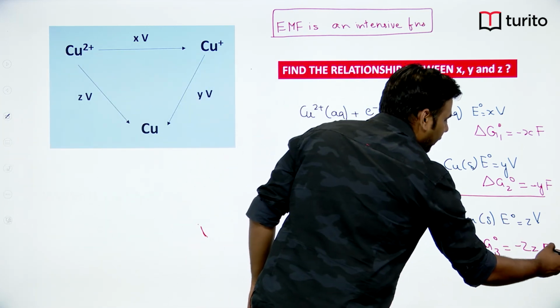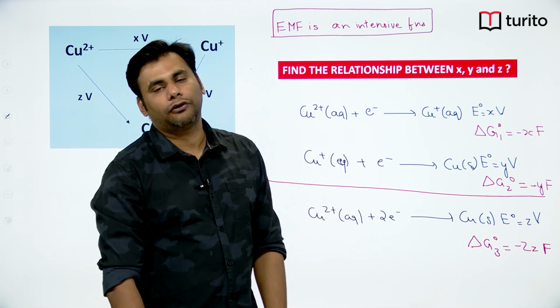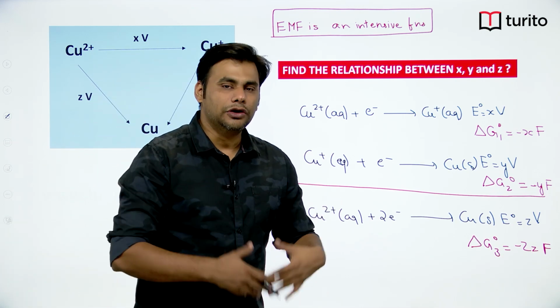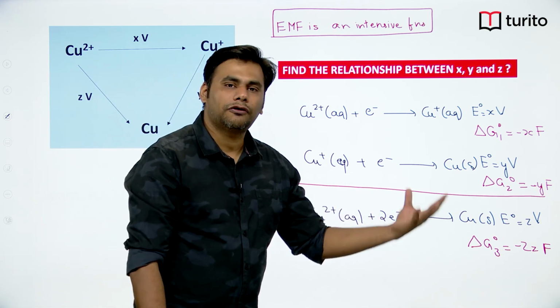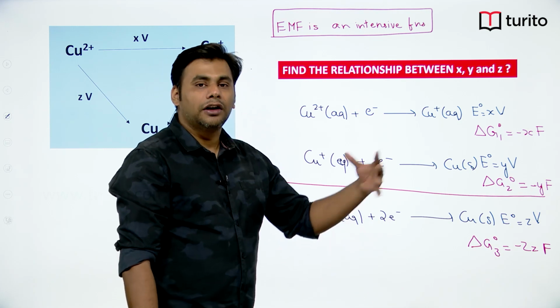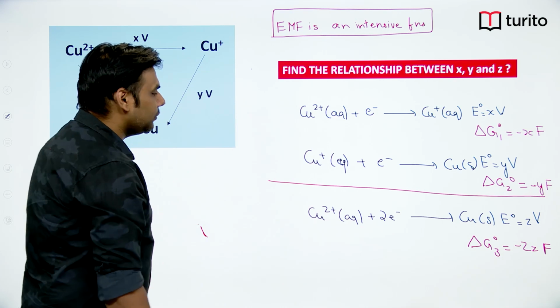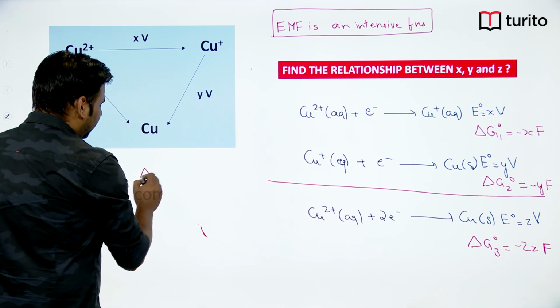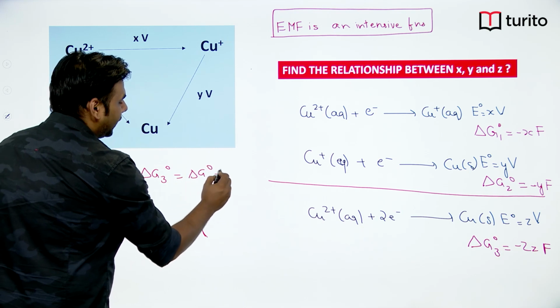Now when we are adding two reactions, we know from Hess's law of constant heat summation that the new reaction obtained will have an energy equal to the sum of the energies of the reactions that have been added to give it. So when we have added these two reactions, delta G naught 3 should be equal to delta G naught 1 plus delta G naught 2.